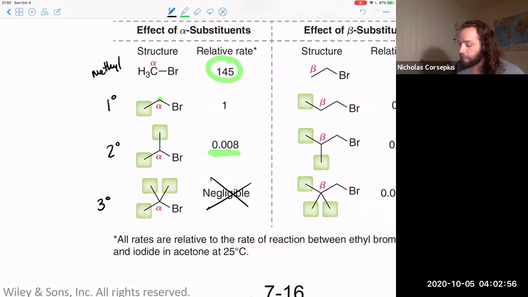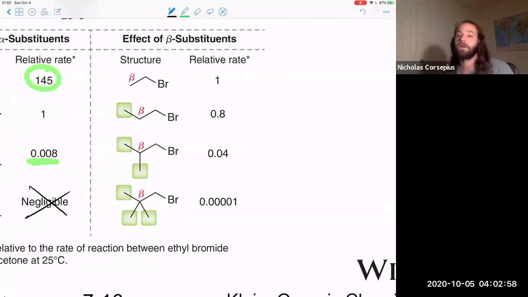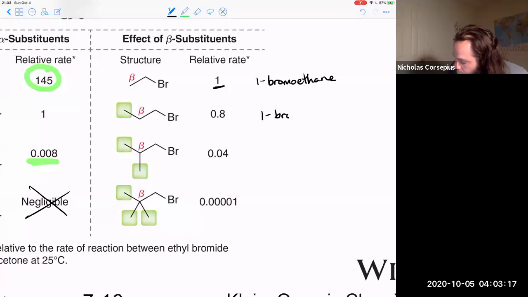And that's the case even if there's substitution on the beta carbon. So again, we have this bromoethane, that's our reaction rate of 1. If we put a single substitution on it, this would be 1-bromopropane.